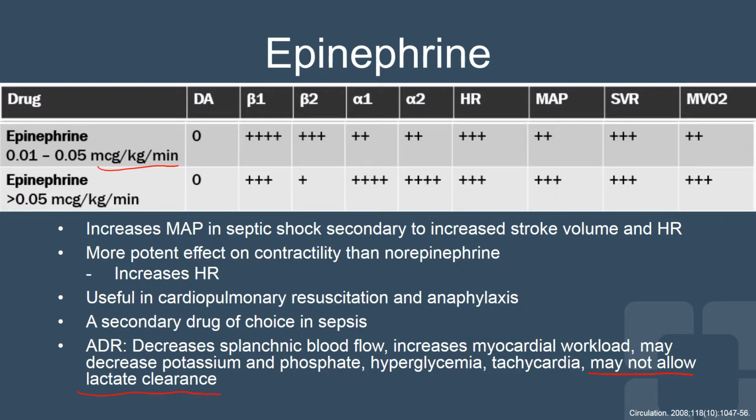Now, this is important, especially for our sepsis patients in whom we may be trying to monitor their lactate clearance because it may be a function of how well we are resuscitating this patient. And if you have a patient who is on epinephrine, you will find that they will not clear their lactate as well. And that's largely as a result of the epinephrine's significant beta properties associated with it, specifically that beta-2 property.